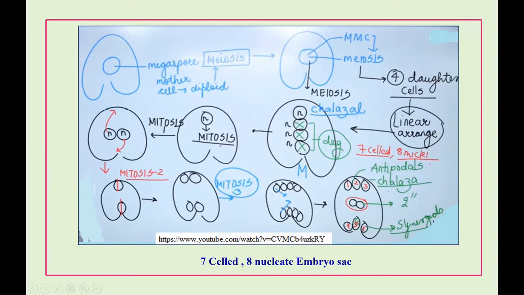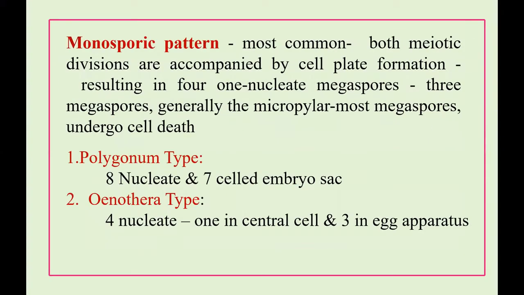So out of the 4, only one stays alive, and the other 3 disintegrate. When the female gametophyte develops from one megaspore, that is called the monosporic pattern of development. And this is of 2 types, the Polygonum type and the Oenothera type.